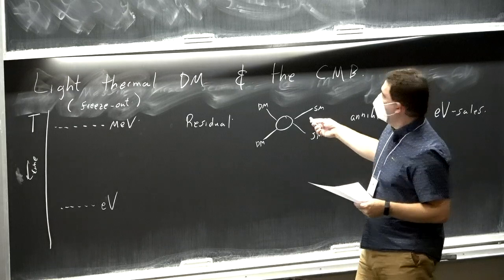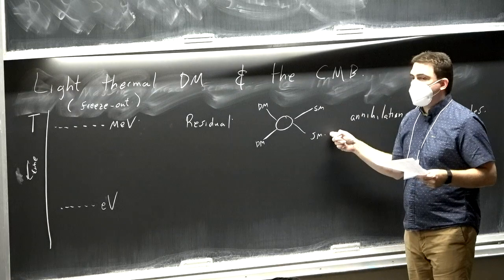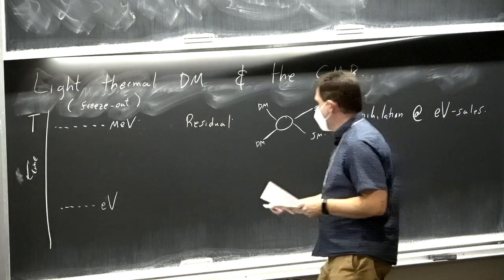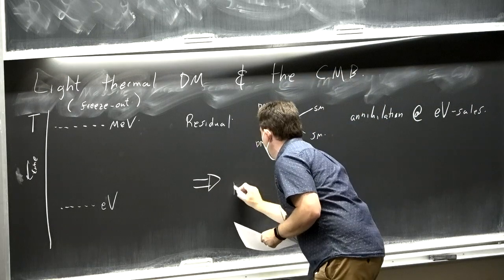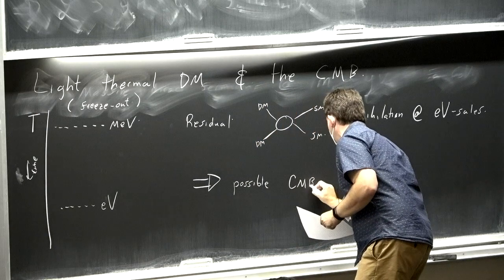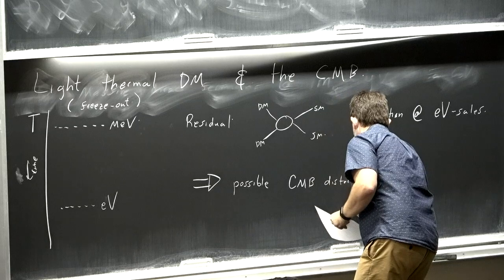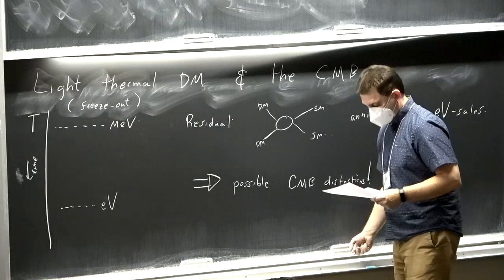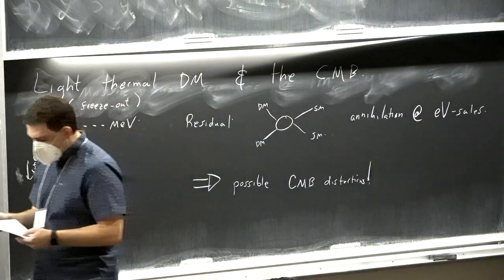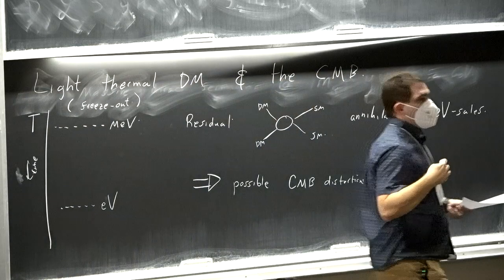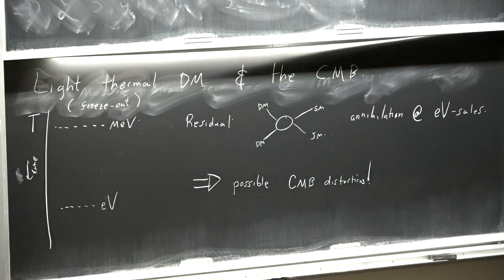It does that by injecting energy into standard model degrees of freedom, which can then reionize atomic hydrogen. Okay? So this implies possible CMB distortions. And there's a specific constraint that this implies on the annihilation cross-section at electron volt temperatures compared to the annihilation cross-section that sets freeze-out.